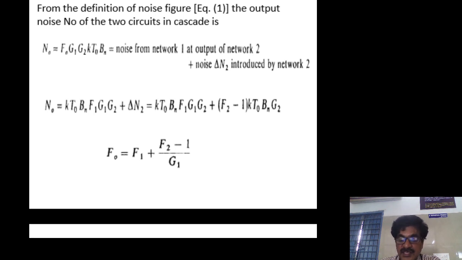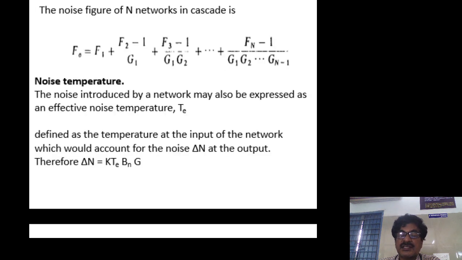Similarly for the n-stage cascading case, F naught equals F1 plus F2 minus 1 divided by G1 plus F3 minus 1 divided by G1 G2 plus and so on, up to Fn minus 1 divided by G1 G2 up to Gn minus 1. This is the noise figure for the cascading network consisting of n stages.